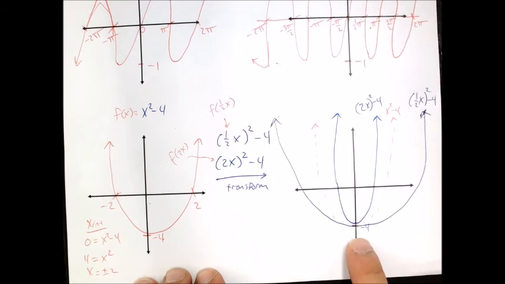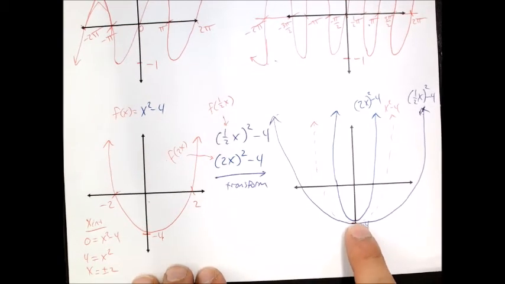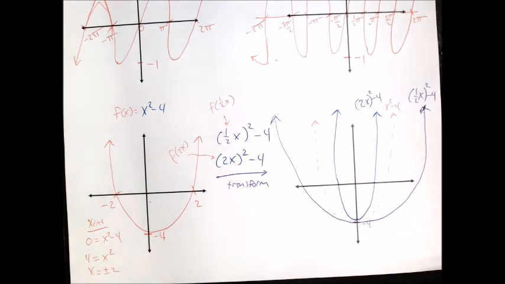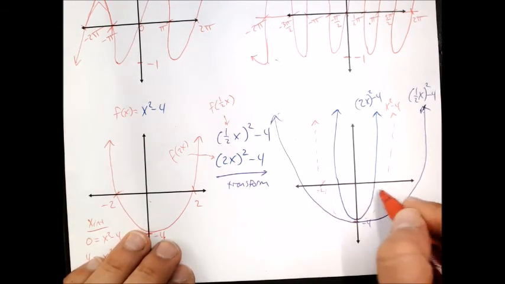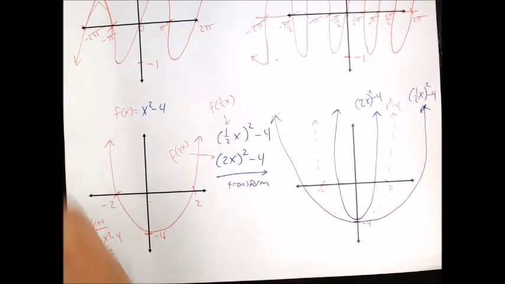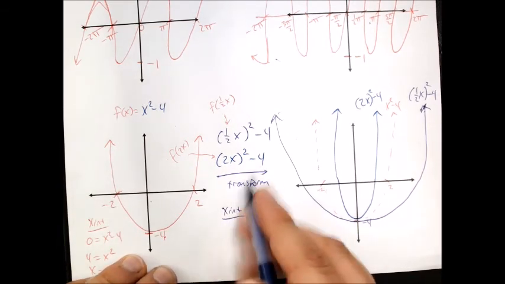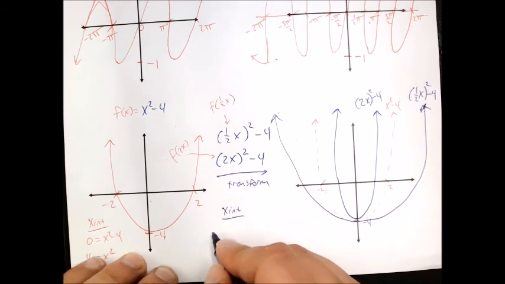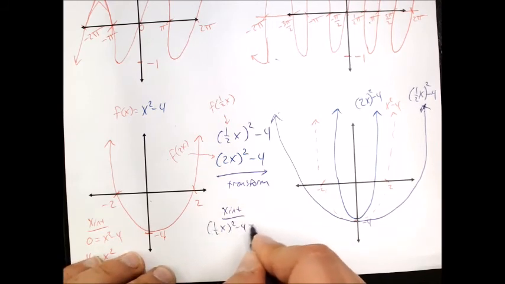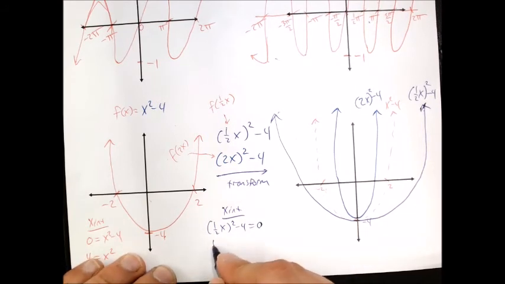Notice the y-intercepts all stayed the same, but the x-intercepts all changed. These used to be at plus or minus 2. Where are they now? For the x-intercept on 1/2, we have 1/2 x squared minus 4 equals 0. That means 1/2 x squared equals 4.